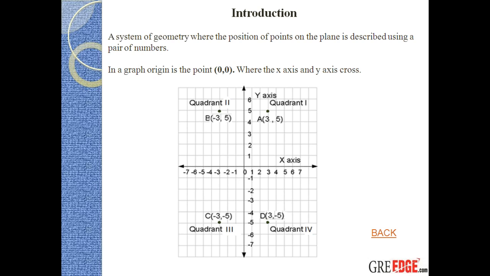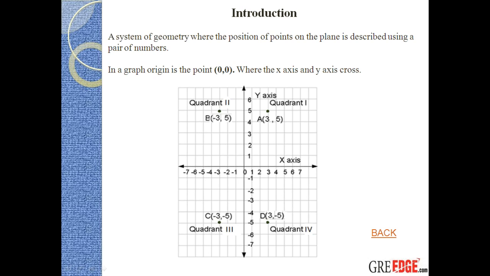Here we have 4 quadrants. In quadrant 1, x is positive, y is positive. Whereas in quadrant 2, x coordinate is negative and y coordinate is positive. In quadrant 3, the point C is denoted, x is negative and y is also negative.